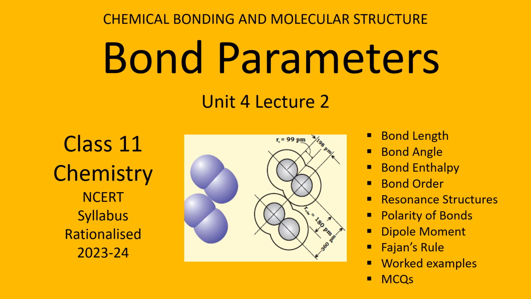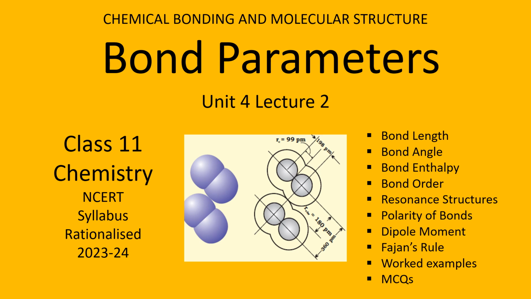Some bonded atoms have additional pairs of electrons not involved in the bonding process. These are called lone pairs of electrons. A Lewis dot structure shows the arrangement of bonded pairs and lone pairs around each atom in a molecule.